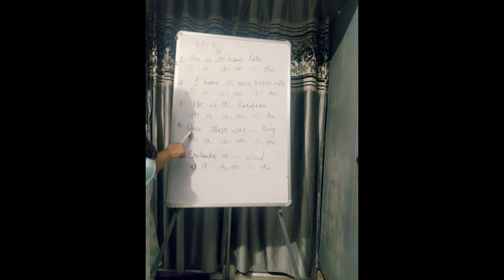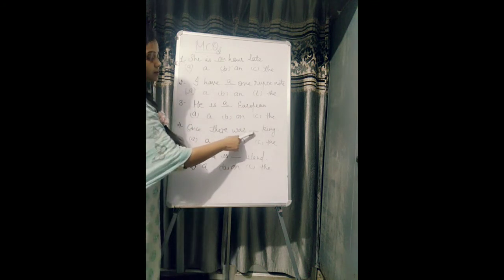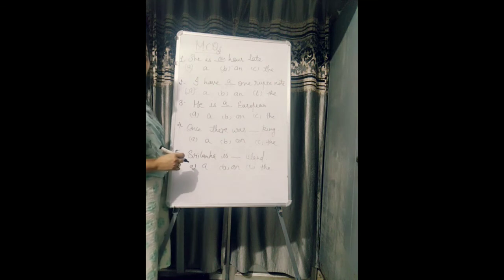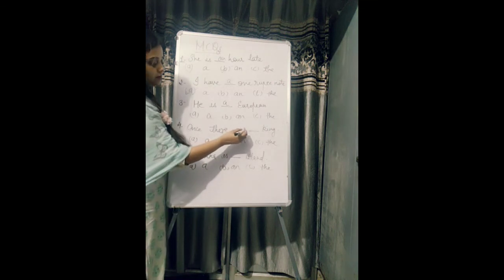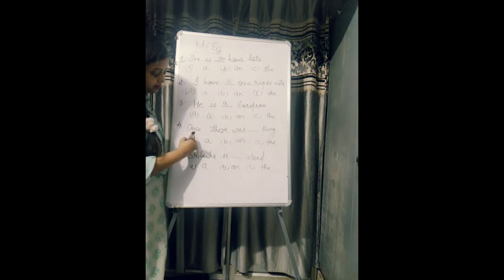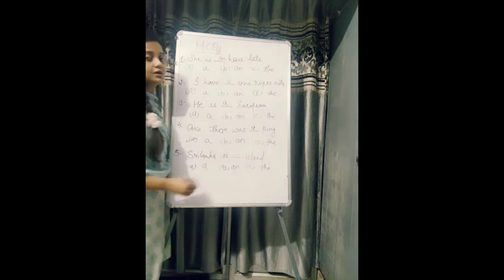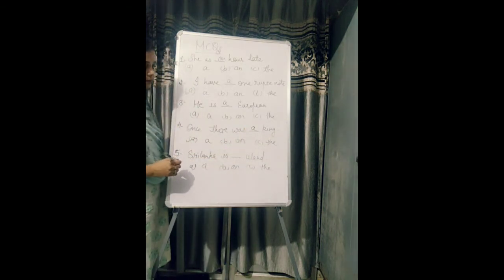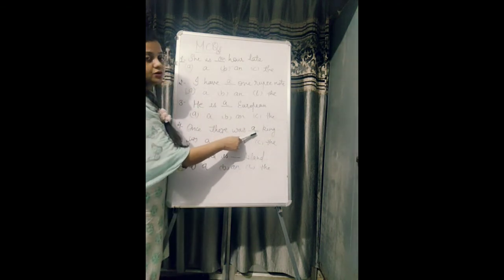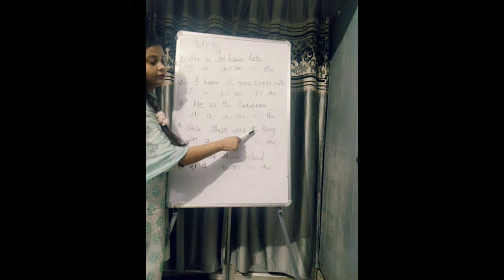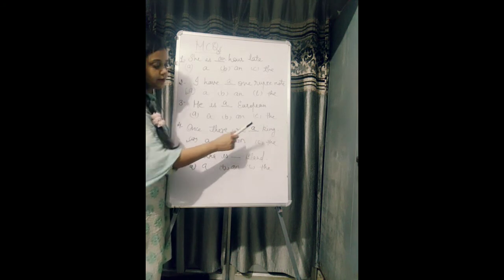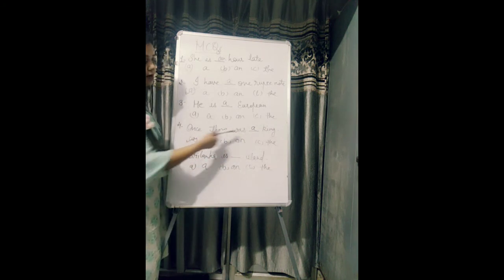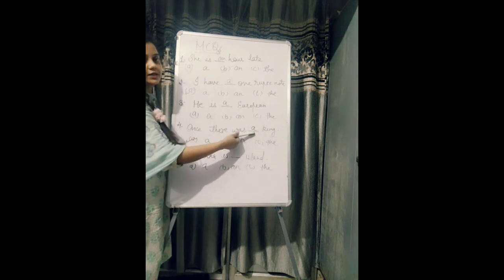Okay. Next one, once there was dash king. Once there was a king. Because king is not repeated earlier, we will not write "the", right? And it's having a consonant sound, so we'll write "a".